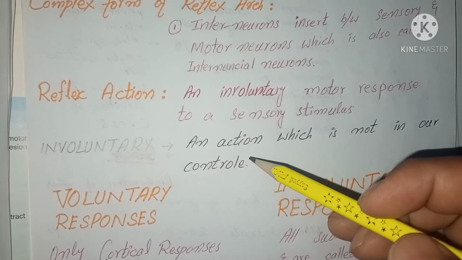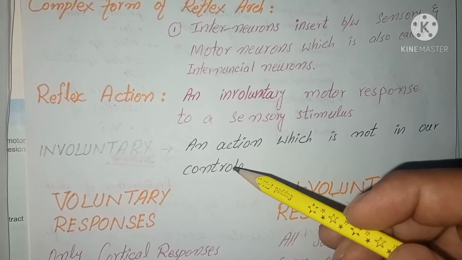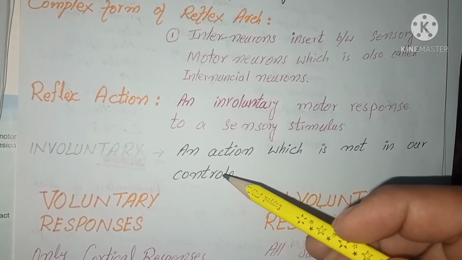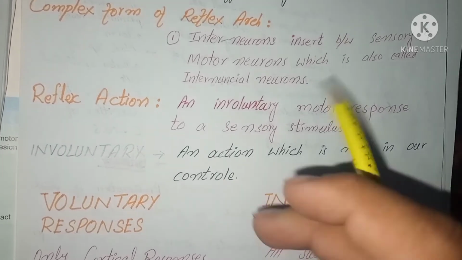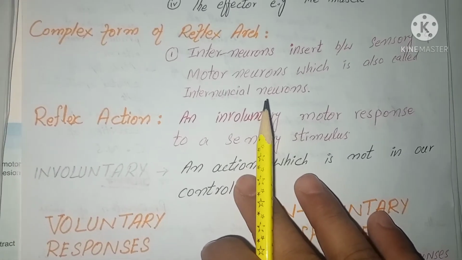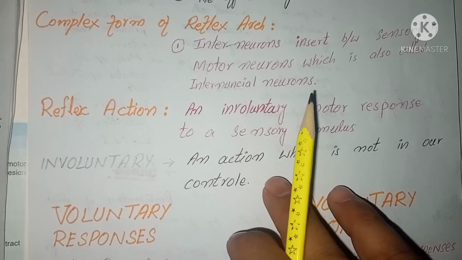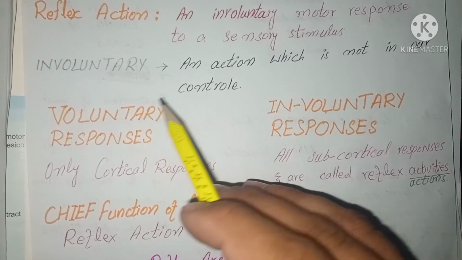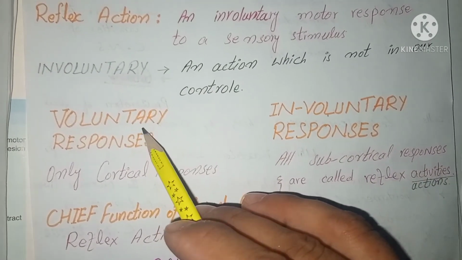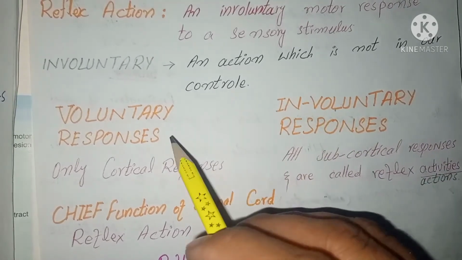Involuntary means an action which is not in our control. For example, the action of our stomach when we eat food: the stomach grinds that food, and we cannot control our stomach to not grind the food. So there are two types of responses: voluntary responses and involuntary responses.